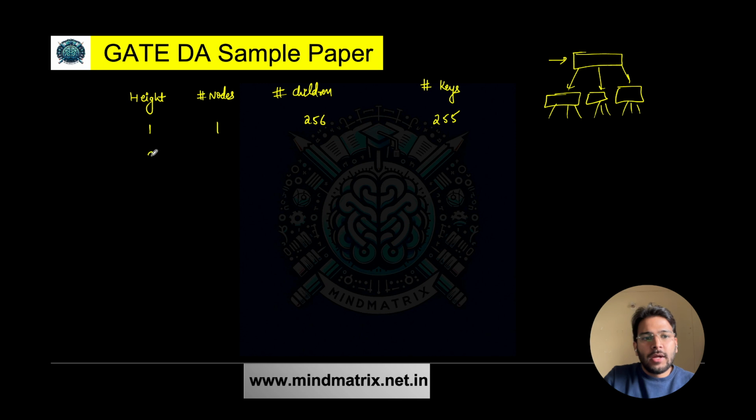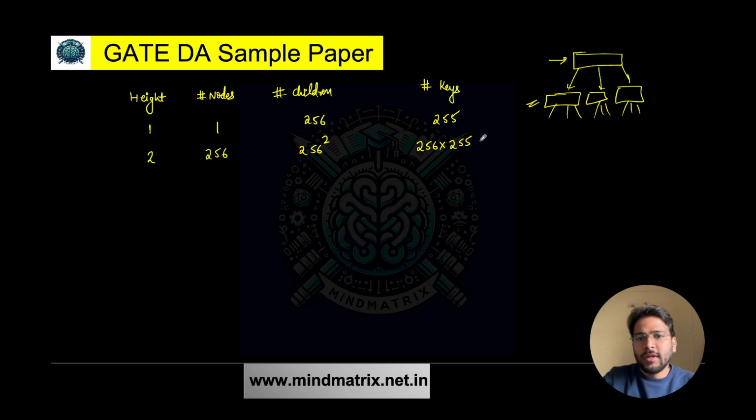So at height 2, how many nodes will be there? That is going to be the number of children, because those many nodes will be there at the second level. So it is going to be 256. And what about the children? It is going to be 256 square, 256 into 256, right? And the number of keys will be what? You can calculate this. It is going to be 256 into 255.